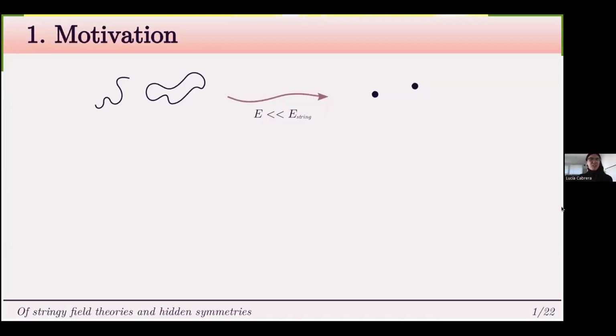First of all, as we all probably know, string theory has as its fundamental objects one-dimensional objects, which are strings, of course, which when looked at from energy scales much lower than that of the string, are seen as point particles. And point particles, we do know, are described by quantum field theories. String theory's effective field theory is 10-dimensional supergravity, but of course, if we want to get a more phenomenologically interesting theory, we need to get rid of some of these extra dimensions, and we do so by compactifying.